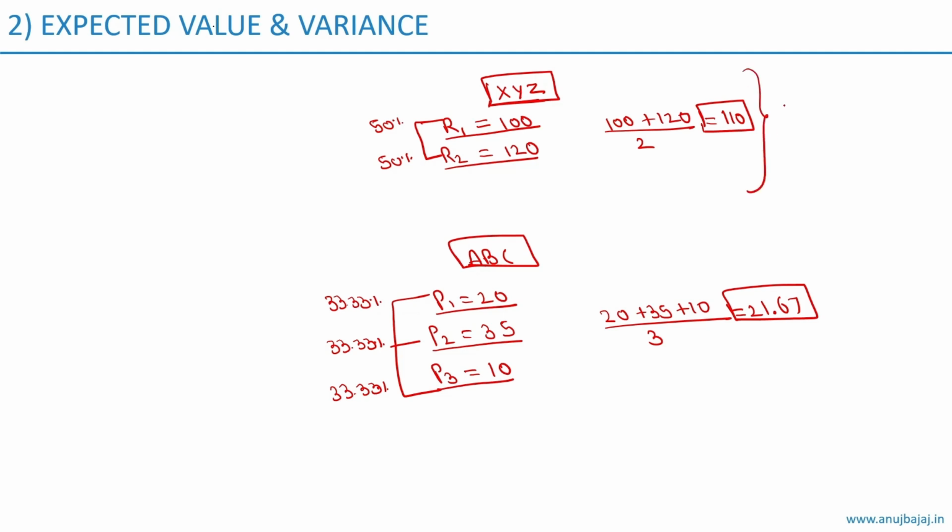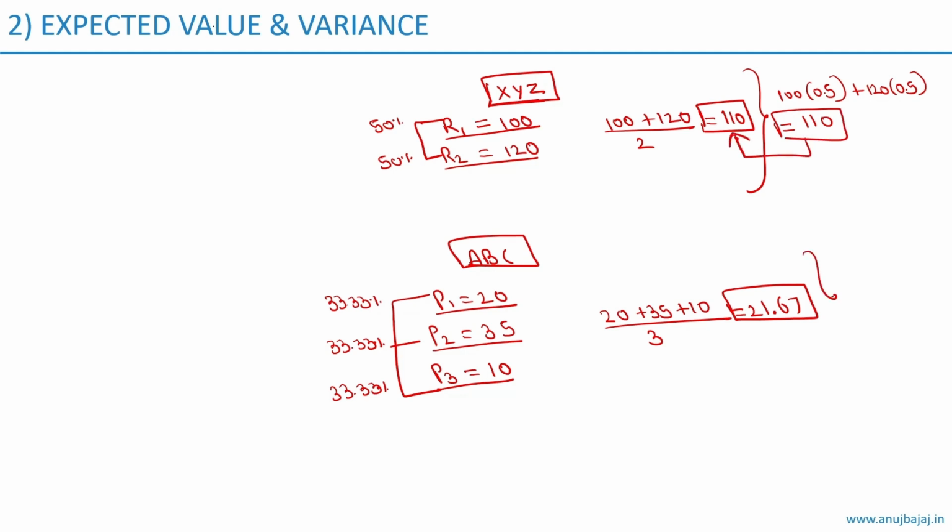If you take 100 multiplied by the probability, which is 50%, then add 120 multiplied by the probability of 50%, you will get the expected revenue to be 110, which is the same as this.